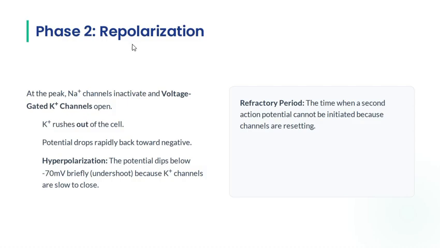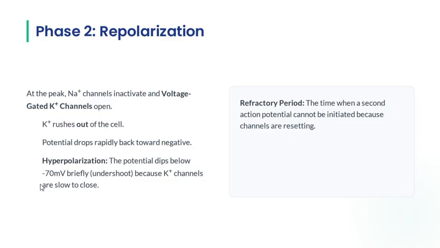Second is repolarization. At the peak, the Na+ channels are inactivated and the voltage-gated K+ channels are open, causing K+ to rush out of the cell and the potential to drop rapidly towards the negative.